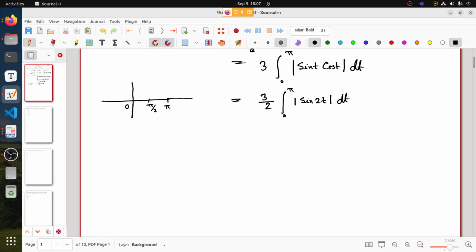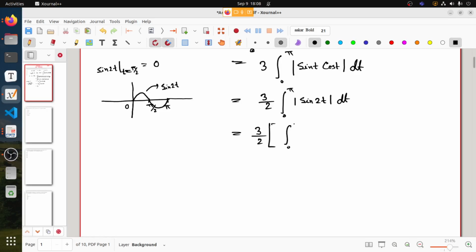If you plot sin 2t, at t equals pi by 2 it is 0, because it will be sin pi. At pi by 2 it becomes 0, so from 0 to pi by 2 it is positive, and from pi by 2 to pi it is negative. As there is a modulus, you will divide it, so it will be the sum of these two.